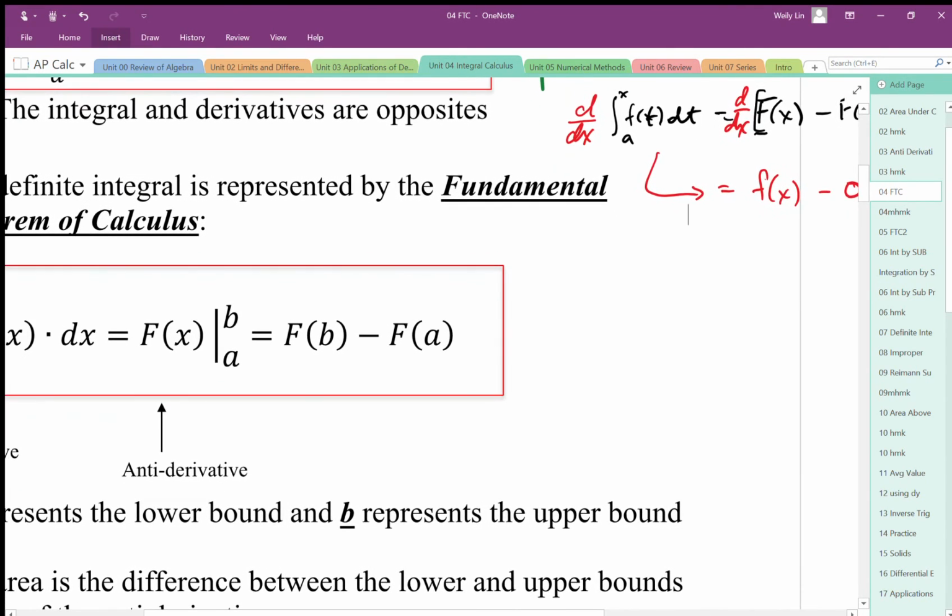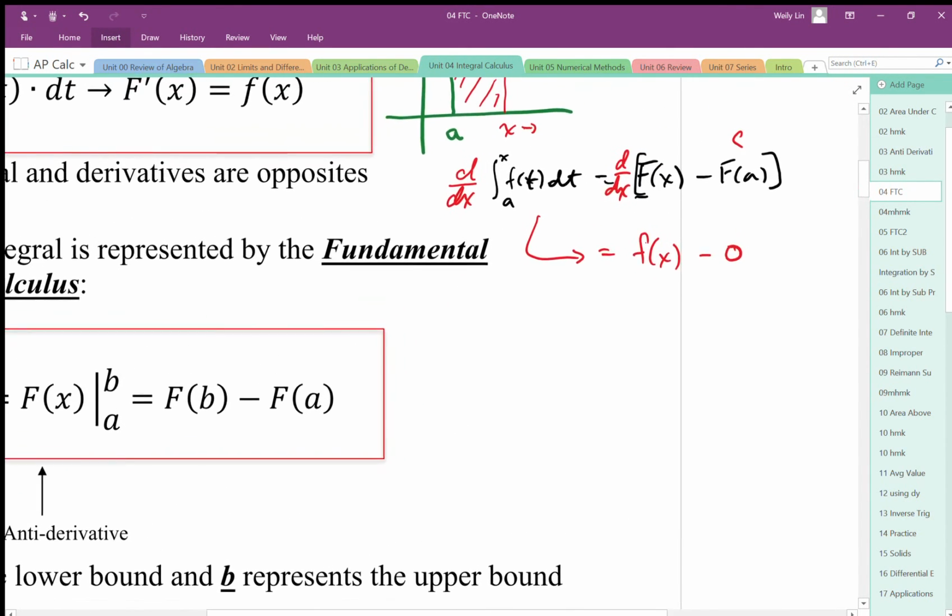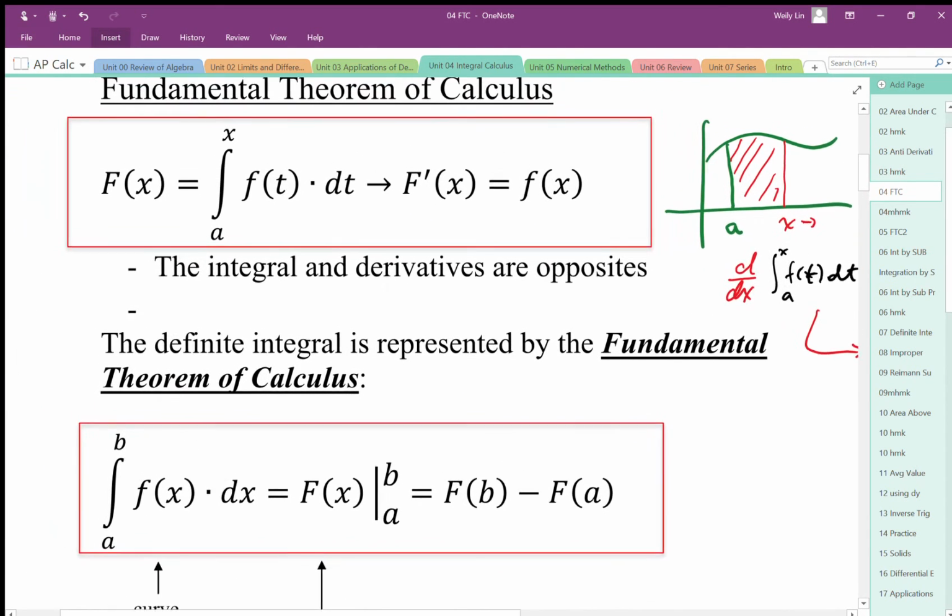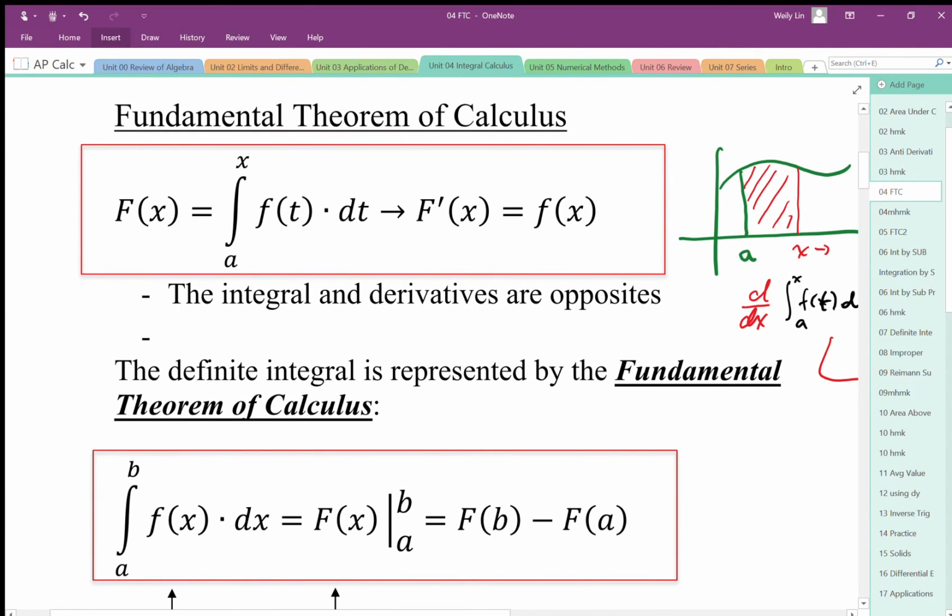So that's a big idea, and these two parts are the two main ideas of the fundamental theorem of calculus. I'm going to reiterate them. The idea is that the integral and derivatives are opposites. When we differentiate and anti-differentiate, they essentially undo each other.